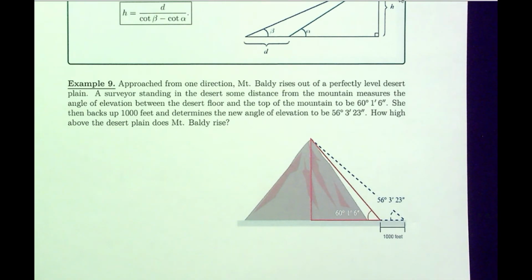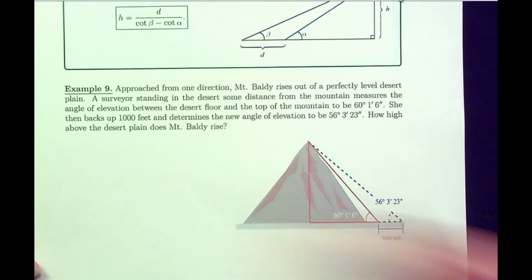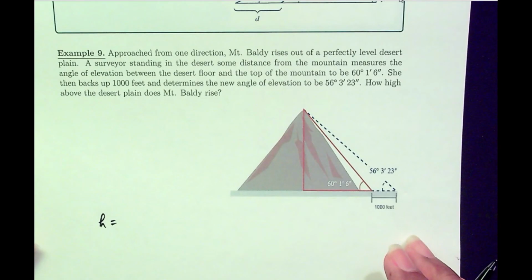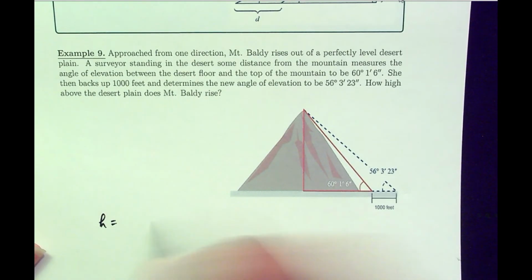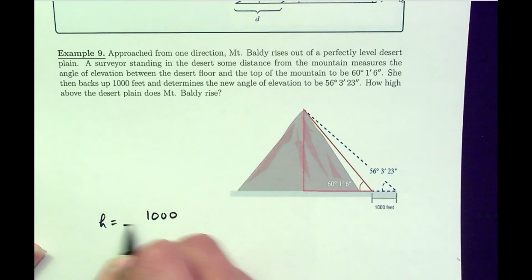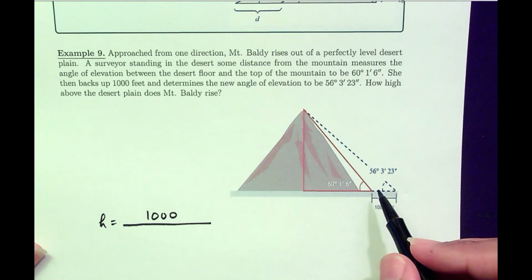All right, so this is actually very straightforward because we have the formula. So we're going to do it here. The height of the mountain is the distance d, so that's 1,000, all that over the cotangent of beta.